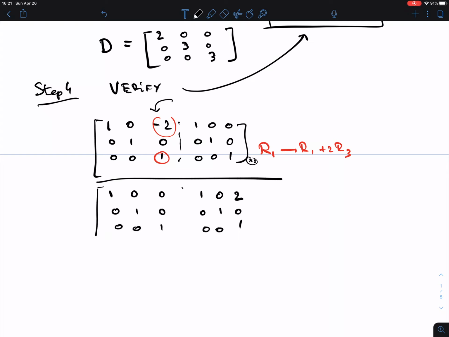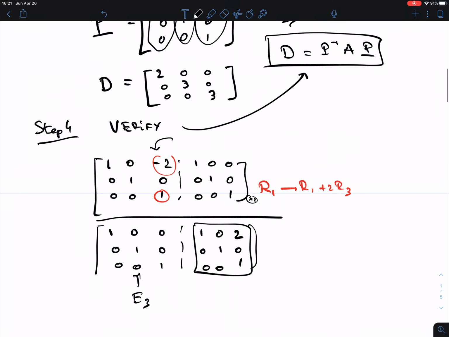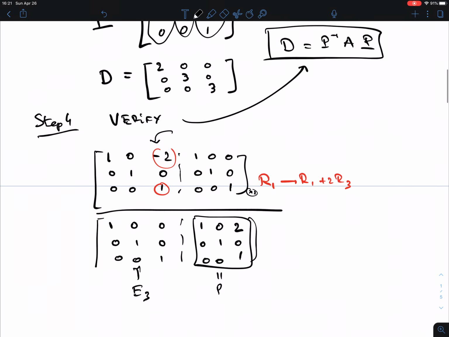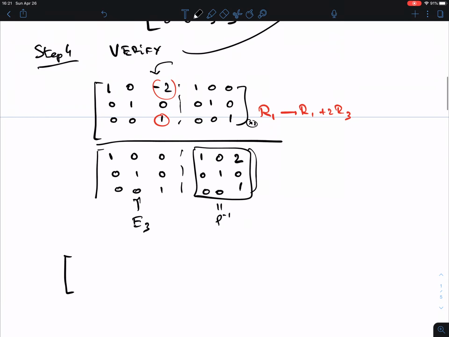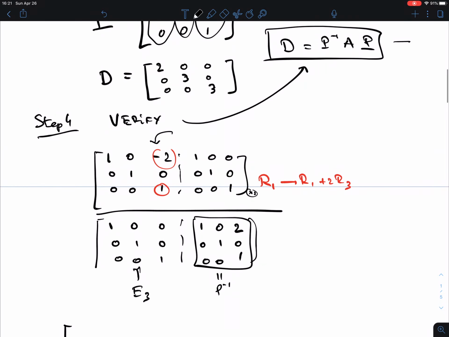Okay, so this is now the identity matrix. This is E3, all right? And therefore this is P inverse. Now let's verify that we have the purported identity here.